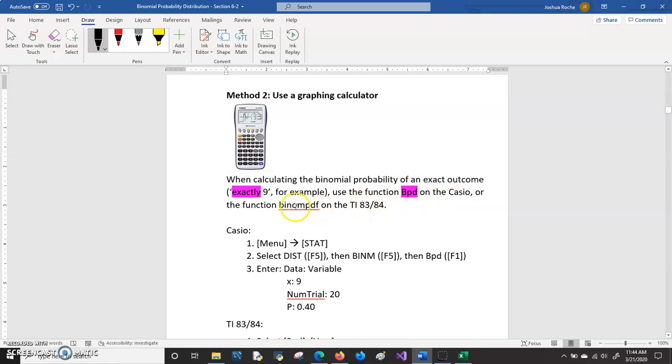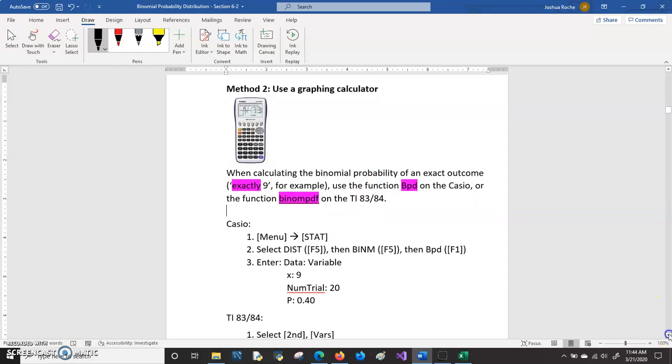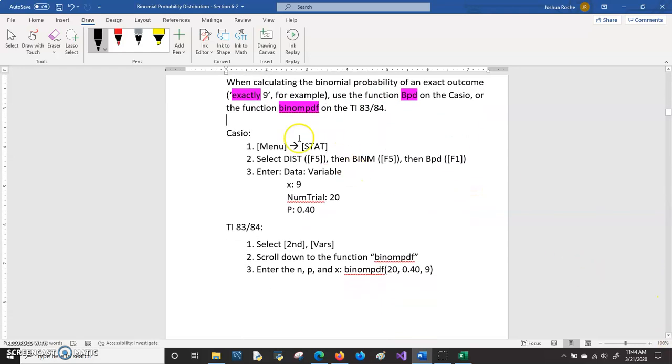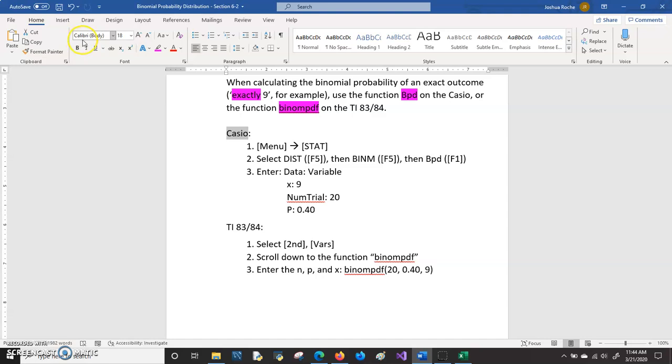On the TI-83 or 84, you'll want to use the function called Binomial PDF. And in these notes, I have the steps you would take on the Casio calculator, and also the steps you would take on the TI-83 and 84.